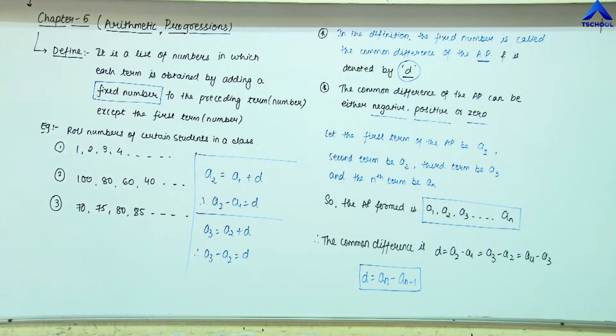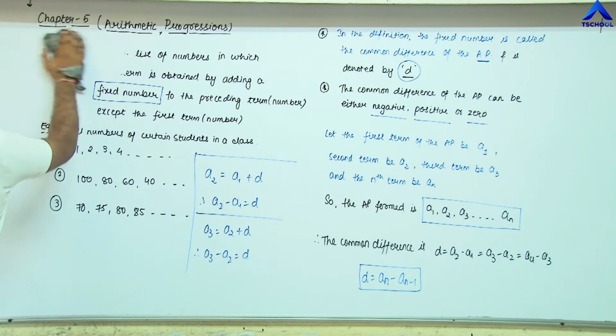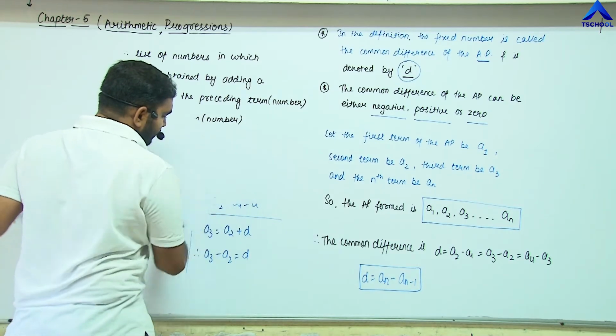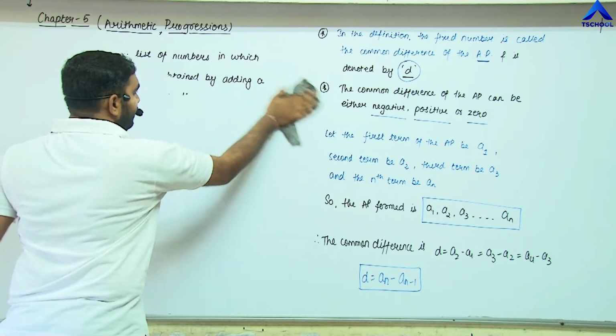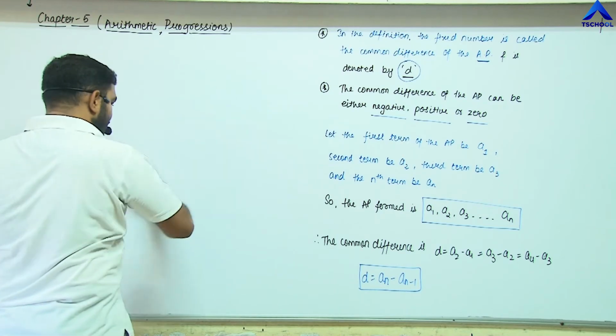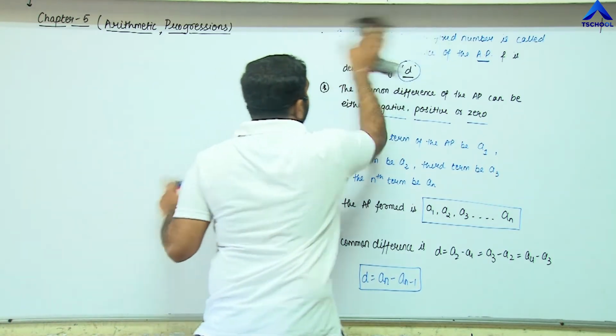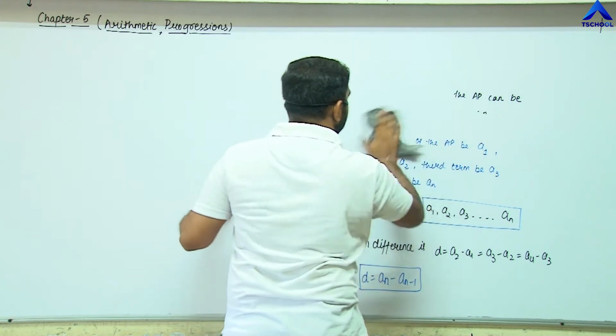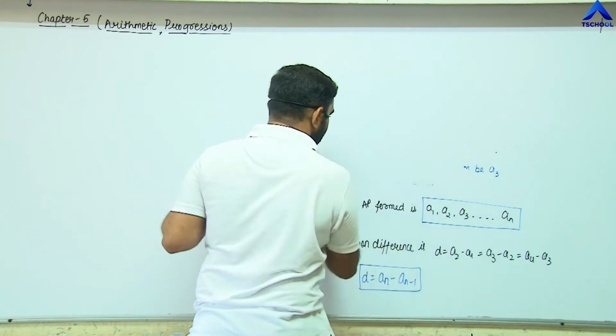Okay, now we shall come back to the arithmetic progression again. We have seen the definition of the arithmetic progression and we have also seen the common difference, the fixed number. Now we shall come back to the general form of an arithmetic progression.